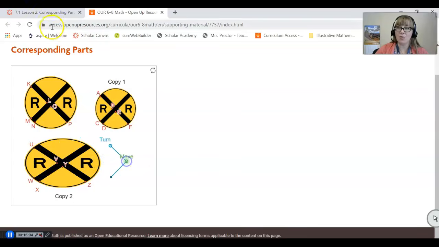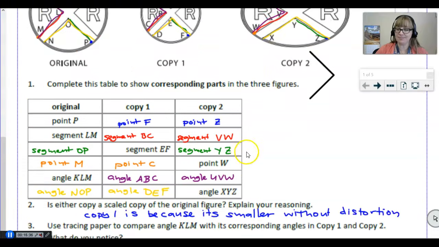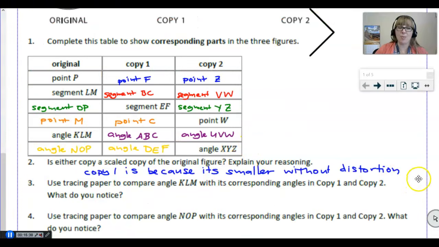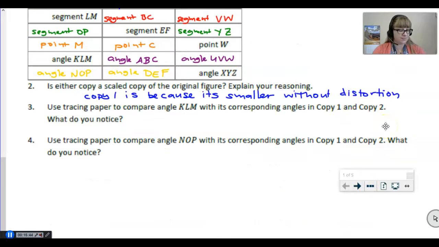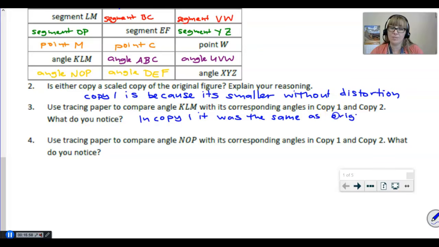And so, with that in mind, what do you notice about the angles in copy 1 and copy 2? What I noticed is in copy 1, it was the same as the original. But in copy 2, it was not the same.